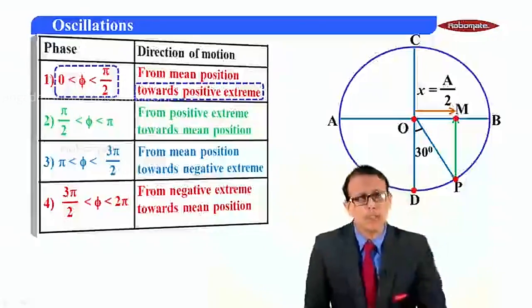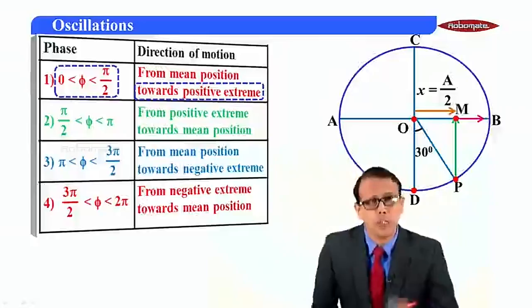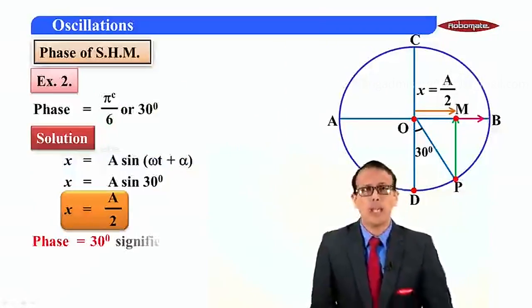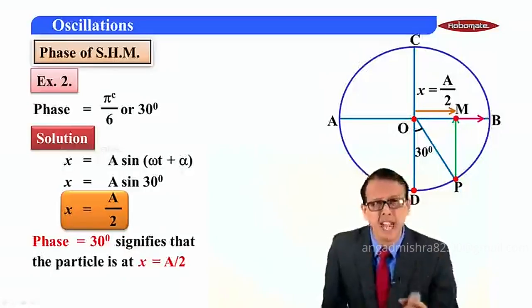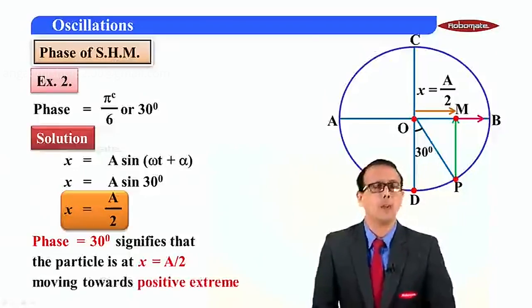So in the phasor diagram, the displacement is a by 2 and the direction of motion is towards positive extreme. So let's conclude: phase equal to 30 degrees signifies that the particle is at x is equal to a by 2 and the direction of motion is towards positive extreme.